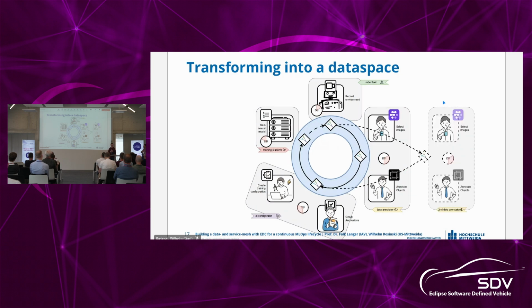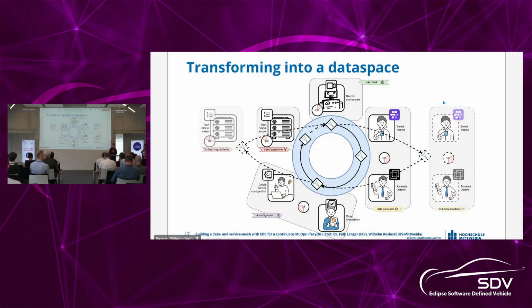So the whole idea behind the Dataspace is we do not have only these participants, we can add also more individual participants to the Dataspace. For example, a second data annotator or a second training platform.